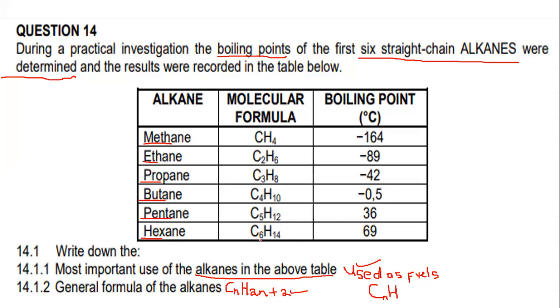So if I have 6 carbons and 14 hydrogens, I can say the number of hydrogens is 2 times the number of carbon atoms, which would be 12, plus another 2. And therefore, it must be 2n plus 2. So a general formula, you can always work it out. So we get CnH2n plus 2.